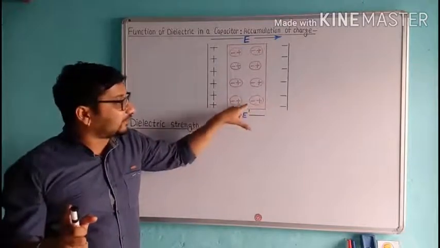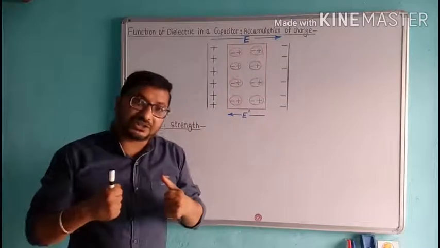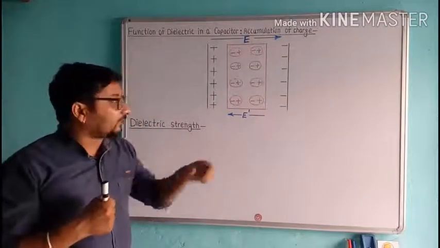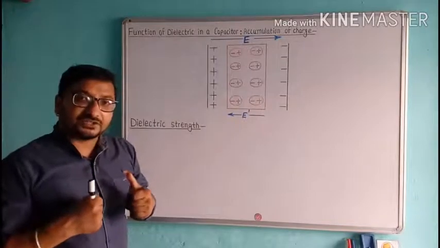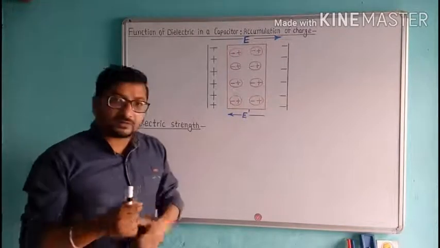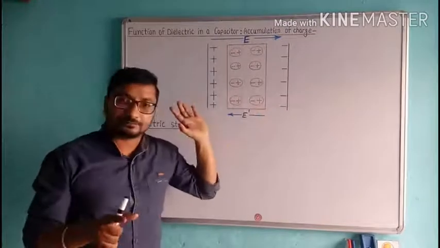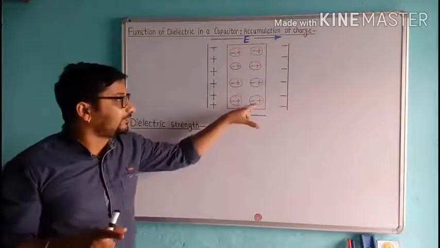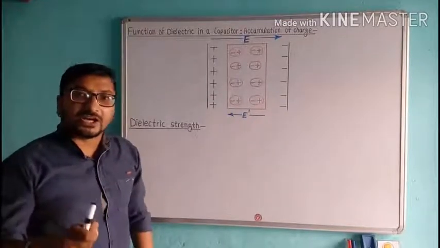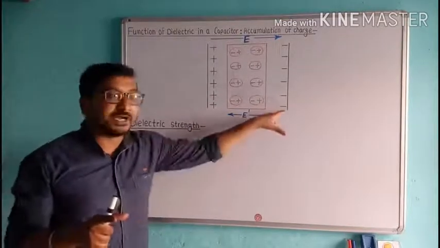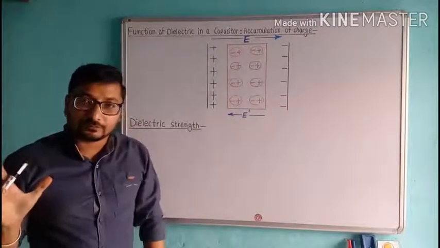That means the atoms of the dielectric slab are stretched more, and finally electrons leave the atoms. Electrons leave the atoms of the dielectric and make a conducting path between the two plates of the capacitor. This is called electric breakdown.